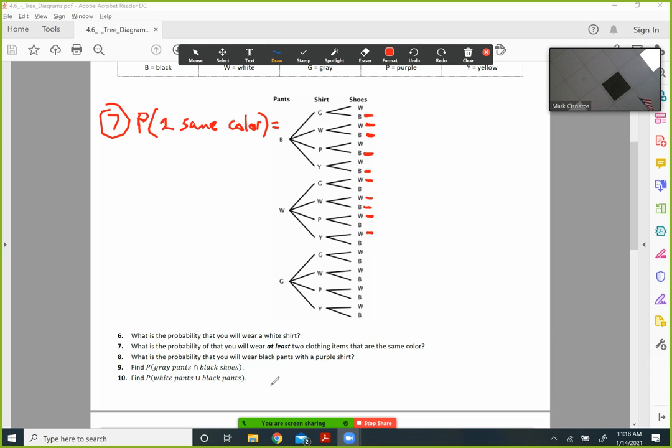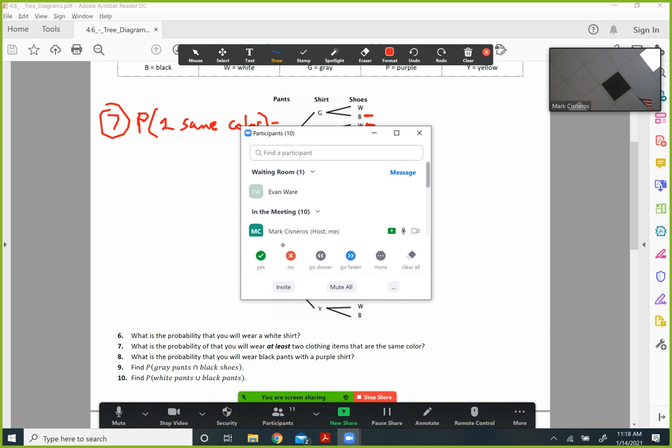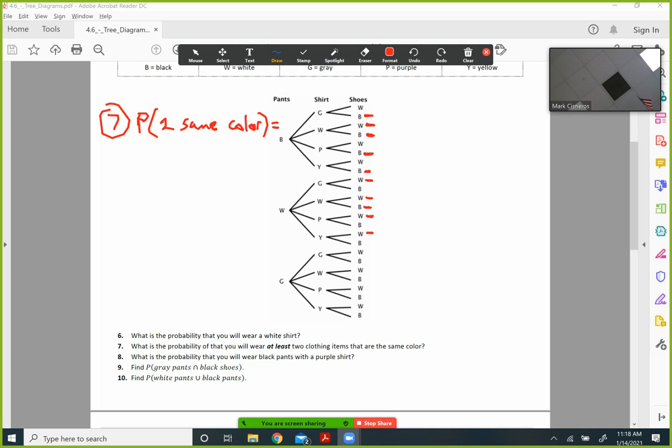Green, green, white. There's 11. Green, green, black, 12. Green, white, white, 13. Is that it? Yeah, that's it, right? So there were 13 combinations that had at least 2 clothing items that were the same color.